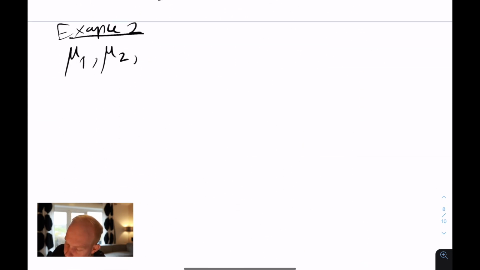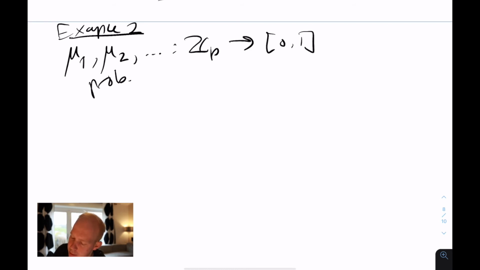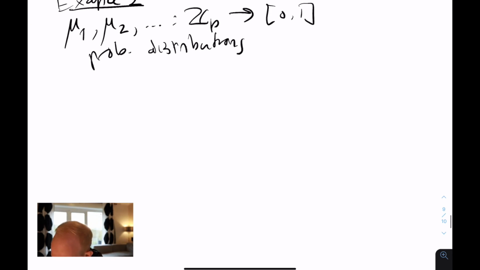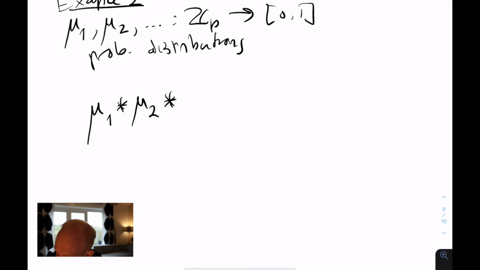And we have a sequence of measures. These are all probability distributions from Z_p, and now we can take their convolution, mu2, mu3, and so on. Maybe I can take n of them.